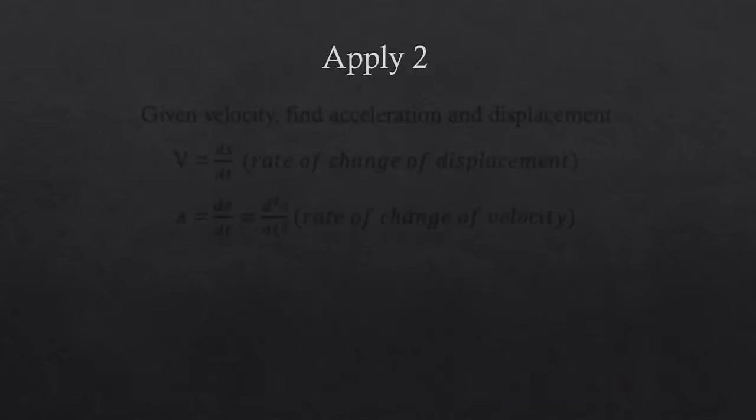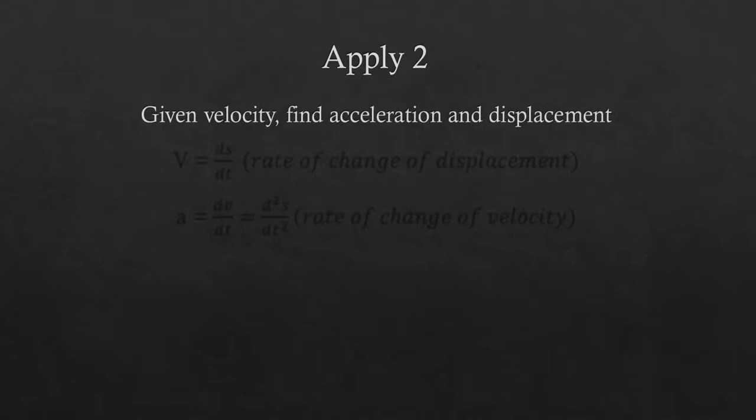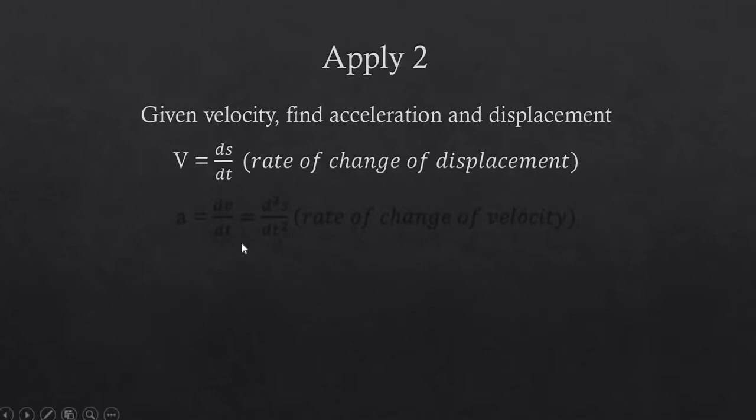Next, another example. Given the velocity, we need to find the acceleration and displacement. First you need to understand velocity. Velocity is the change of displacement, therefore ds, over the change in time, therefore dt. So ds/dt is the differentiation of displacement.